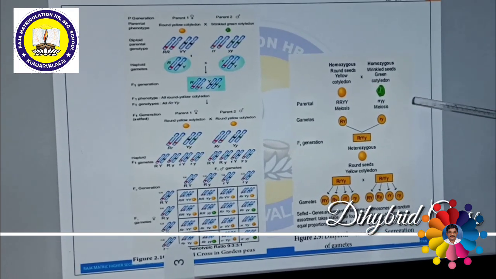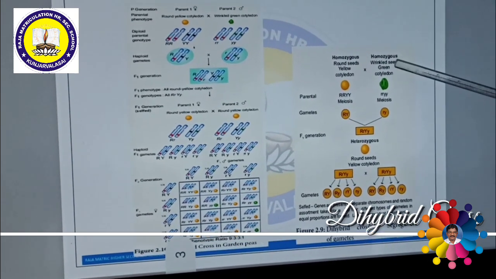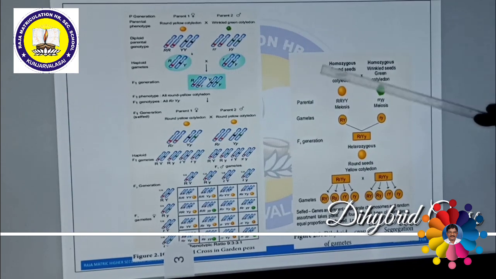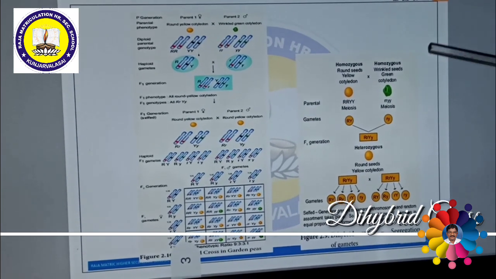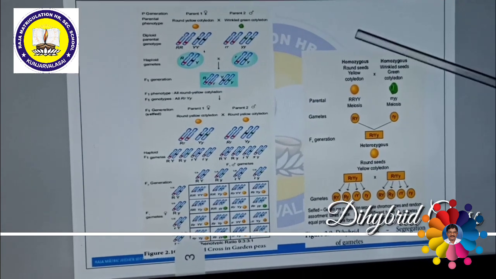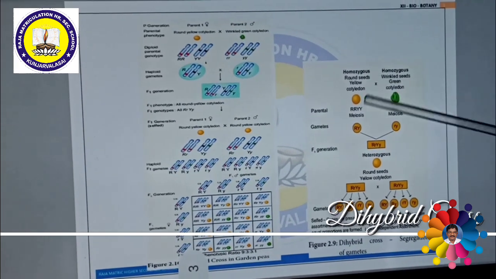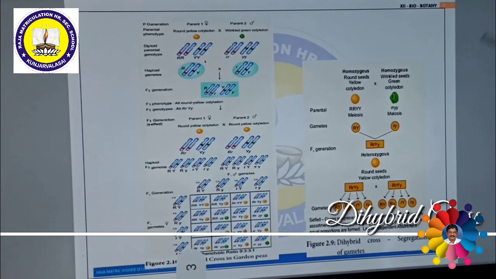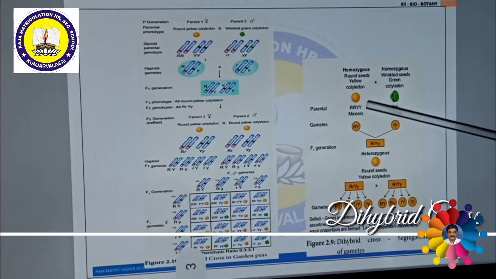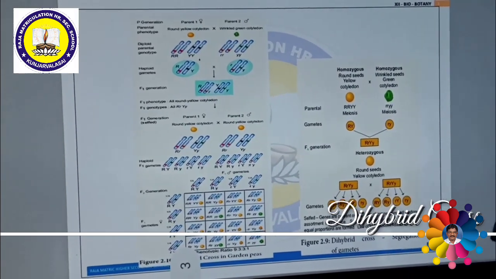Di means two, hybrid means cross. Two contrasting pairs of characters are crossed together, forming the F1 and F2 generations. This is called a dihybrid cross. It is very important: if you understand the monohybrid cross, only then can you understand the dihybrid cross. That is why I explain the monohybrid cross once again.